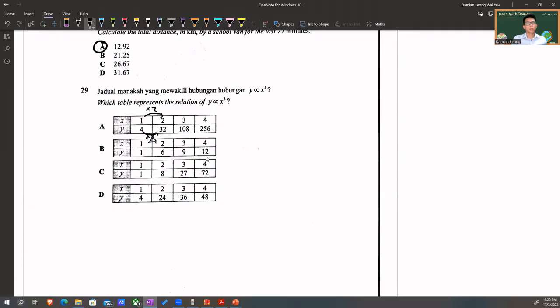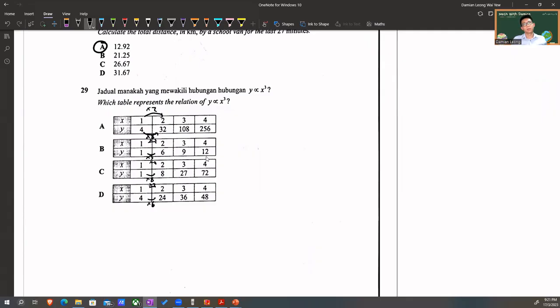This one times 2, this one times 3. Definitely is not times 2 and times 3. It should be the same relation, but cube of it. This one times 2 times 8 makes sense. And this one times 2, this one times 6 also doesn't make sense. So it's either A or C.